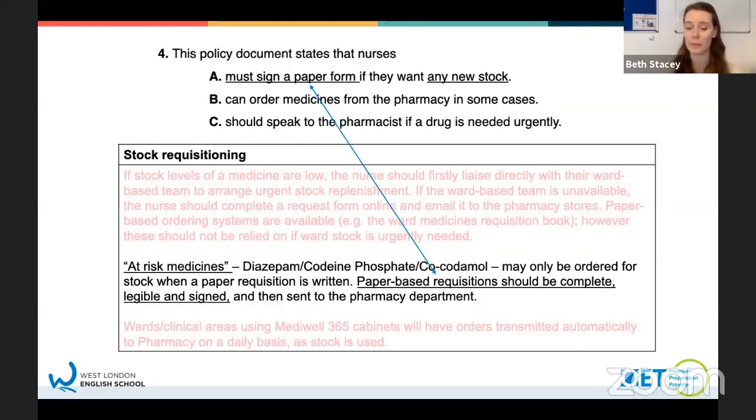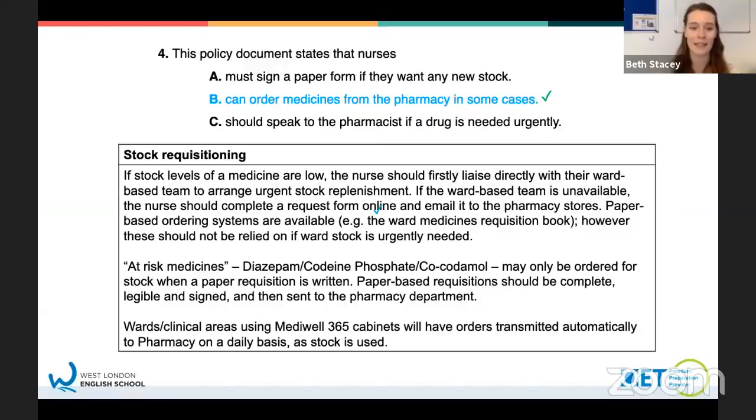And it's not true because this is at-risk medicines. So it's only specific medicines that nurses need to sign a paper form for. So it's not any new stock. So again, A can't be our answer. So we've eliminated A and we've eliminated C. So our answer has to be B.